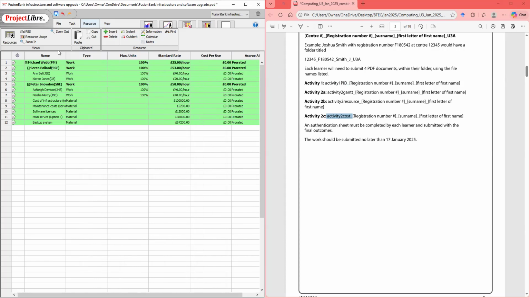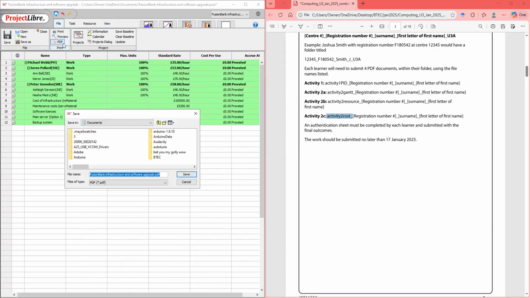All right, so now we're going to go to File, PDF, and this is our resource list. We're going to copy this resource, activity 2, resource, and paste it here. 1, 2, 3, 4, 5, depends on the number that they give to you.